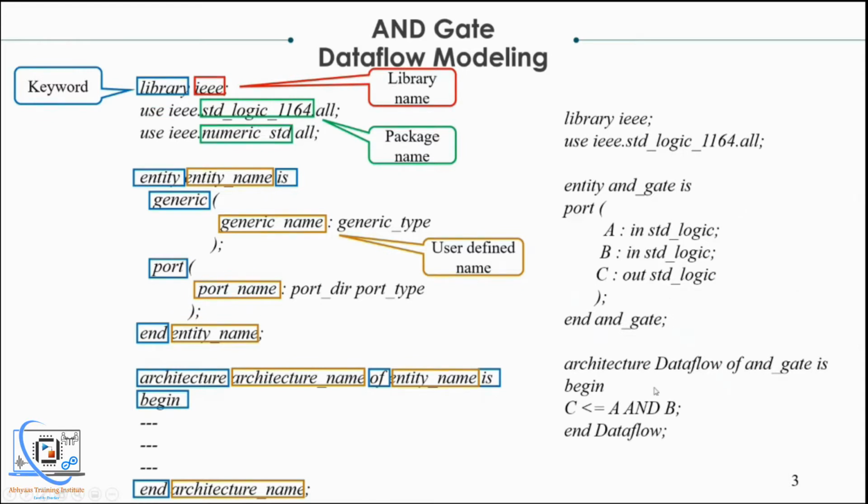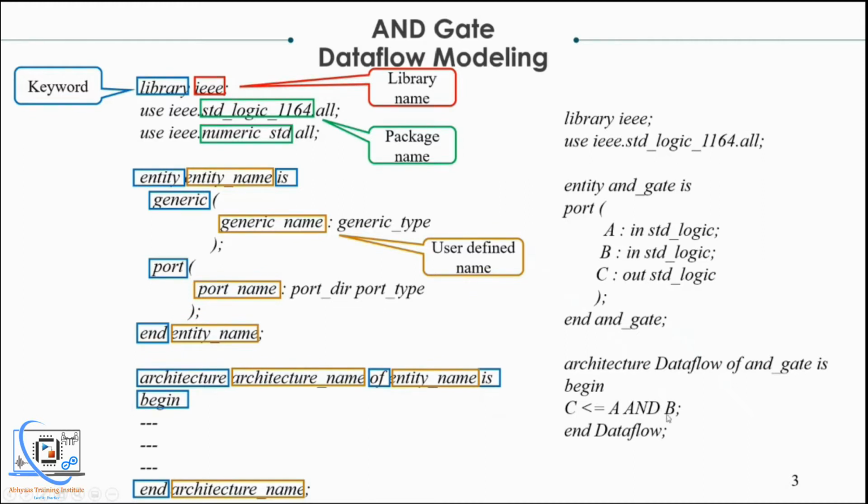Now we'll go to the architecture part. Here I am defining the data flow modeling, so I have given the name of this architecture as dataflow. You can give anything. So this is architecture, and dataflow is the name of the architecture of AND_gate, where AND_gate is the entity name. Here we have defined C <= A and B. The and is a keyword, you can directly use it.